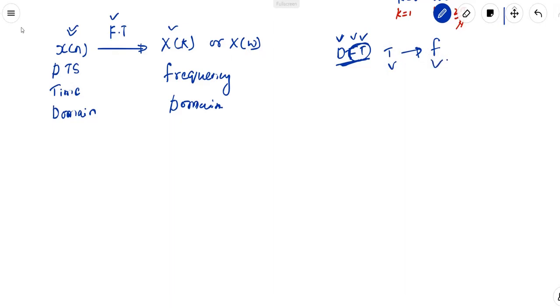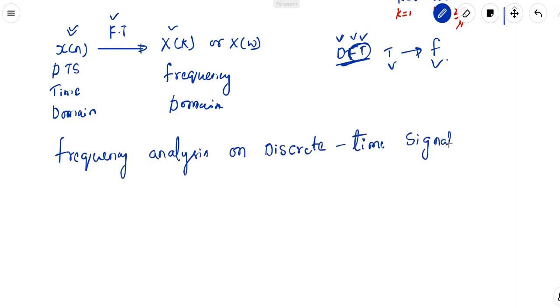So what we are doing here, we are performing frequency analysis of the signal, that is x of n, the discrete time signal x of n. As a naturally occurring signal is an analog signal, it is not a digital signal, so we convert the analog signal to a digital signal. Under that we do sampling first.